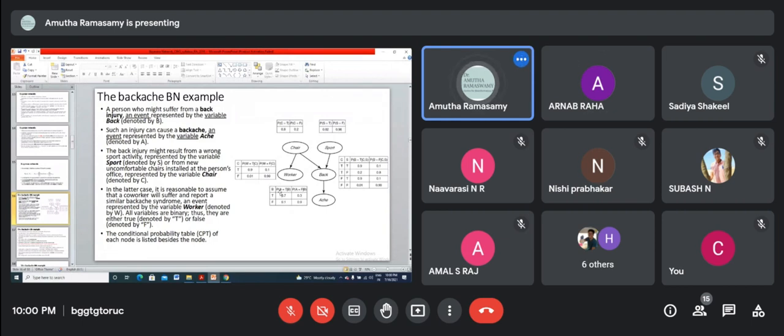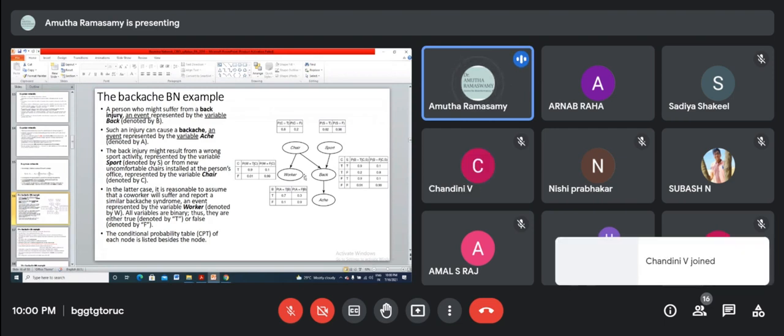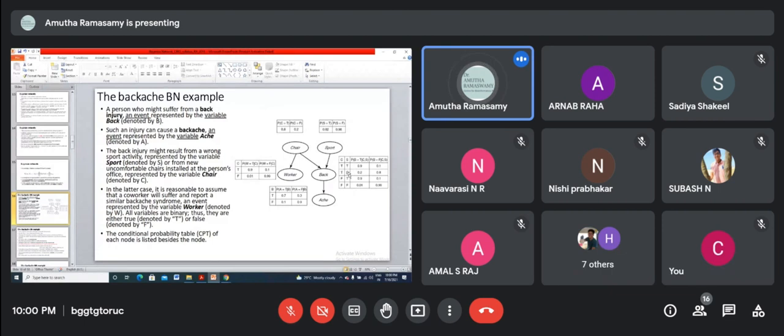Egg also can have a probability. Then for the chair and sport combination, true-true, true-false, and so on. These are just random numbers given based on the state, just to make you understand the logic of the network.